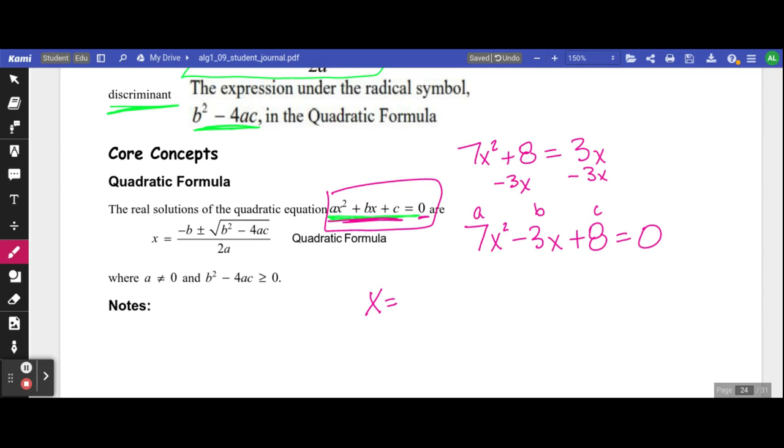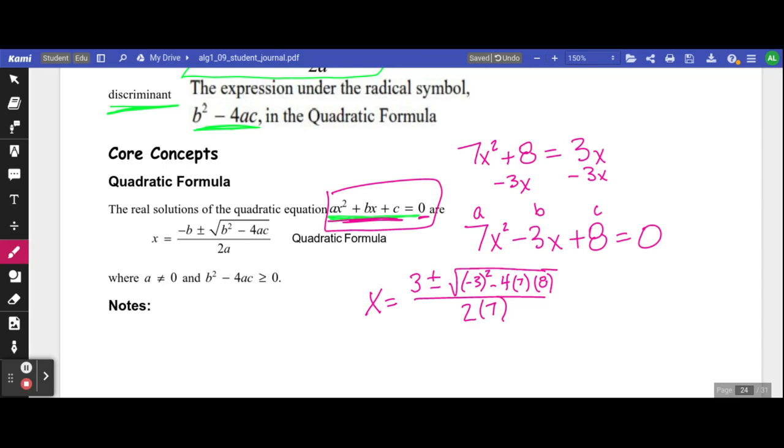So you have that negative 3. It's going to swap to positive 3 plus or minus the square root of b squared. Make sure you use parentheses there. Negative 3 squared minus 4 times A, which is 7, times C, which is 8, all over 2 times A, which is 7.